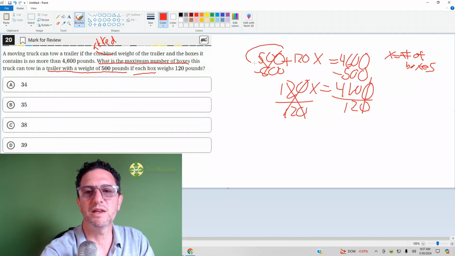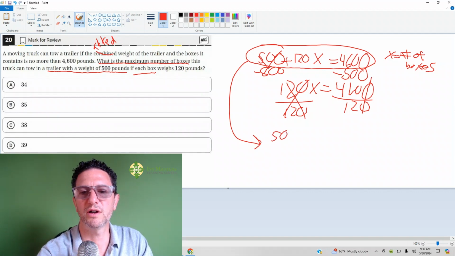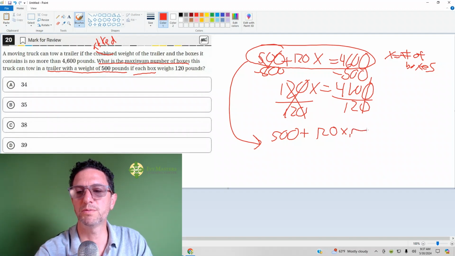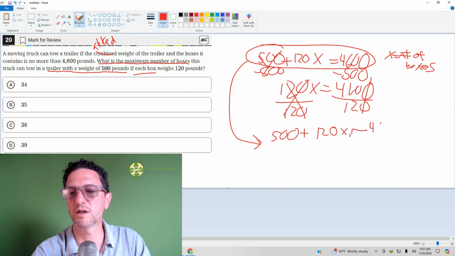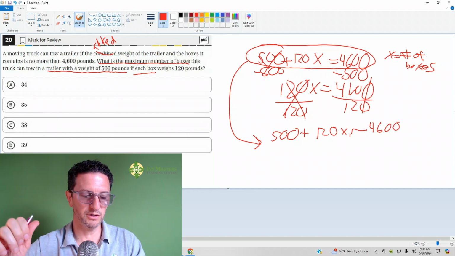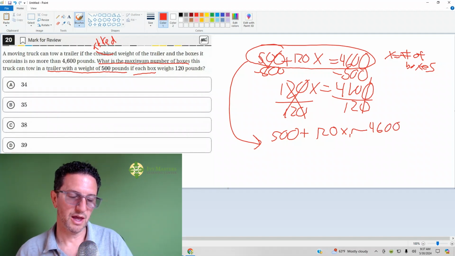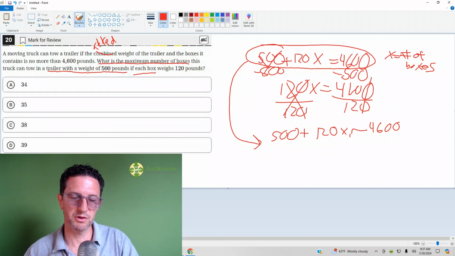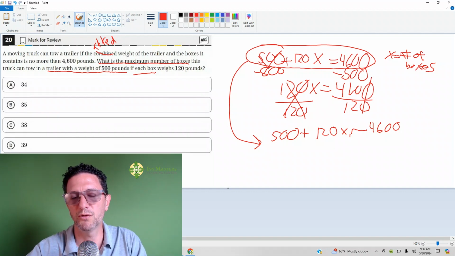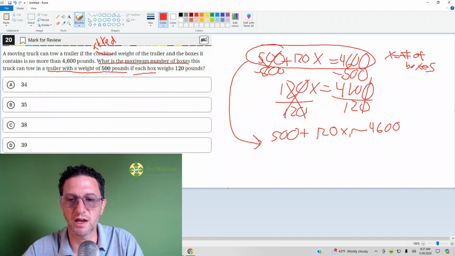At this step right here, this is what you plug into Desmos. 500 plus 120 x1. Instead of equals, you put the tilde, 4,600. When you find the tilde, you go shift, and then it's upper left on your keyboard, just below the escape button, above the tab button. You'll find the tilde, and you can also do that in the Desmos calculator.